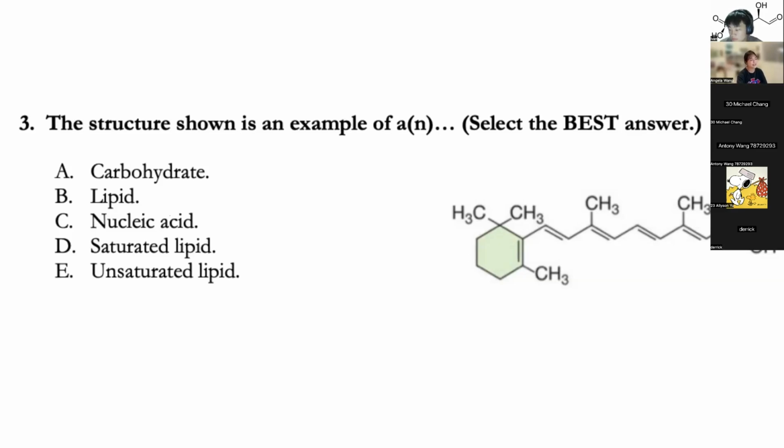It's not a nucleic acid because it only has C, H, and O, and nucleic acids have a nitrogenous base and a phosphate group, which this does not. It is also not a ribose. This is not a saturated lipid because it has double bonds. As I said, saturated lipids only have single bonds in their carbon chain. So it's kind of process of elimination, but it is a lipid since it has a very long CH chain.